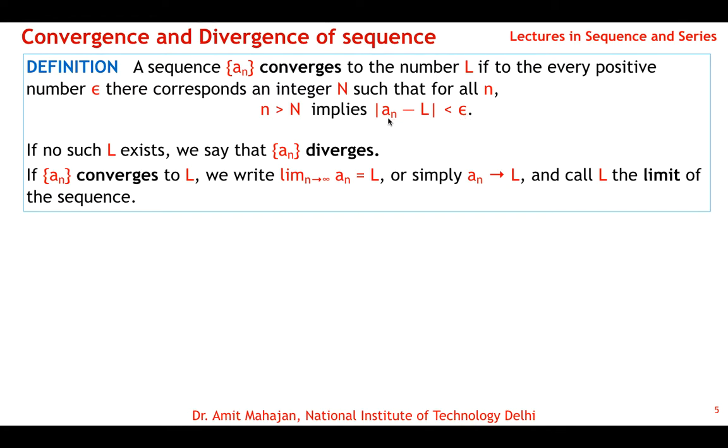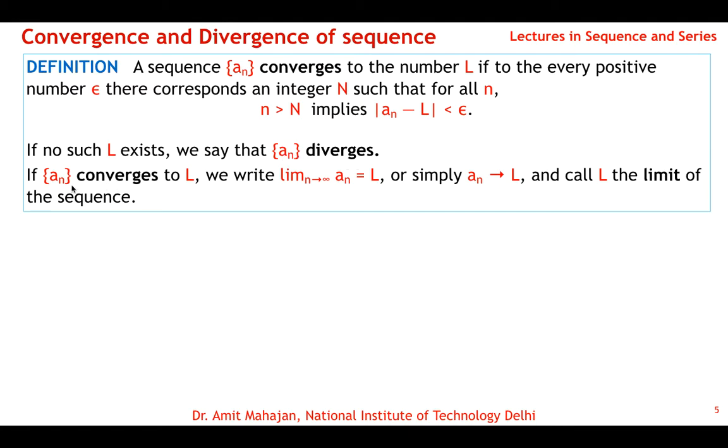Okay, that means the distance of the elements of the sequence from L is less than epsilon, or the elements of the sequence lie within the epsilon distance from L. So they lie in the band within epsilon distance from L. And if no such L exists, we say that the sequence diverges.